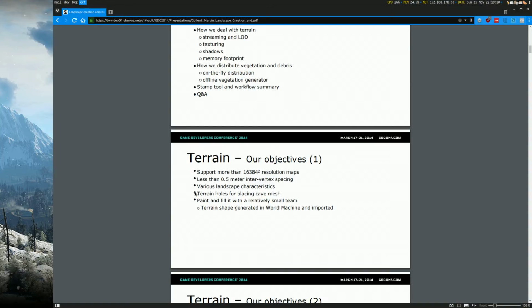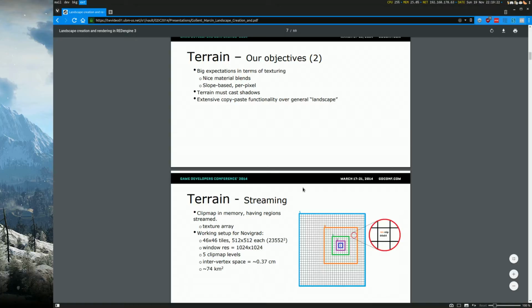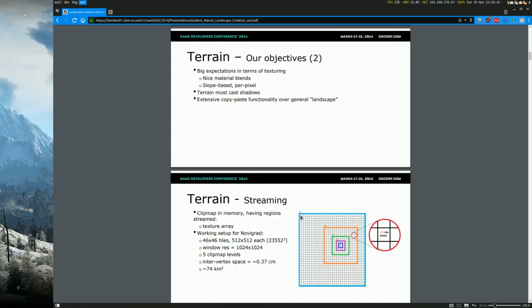Yeah, that's another thing, that's for caves and stuff like that. I mean, I suppose you could... I just don't see this really... I don't know.